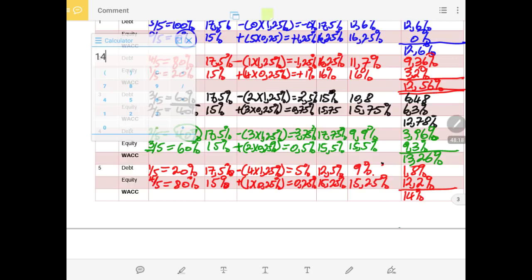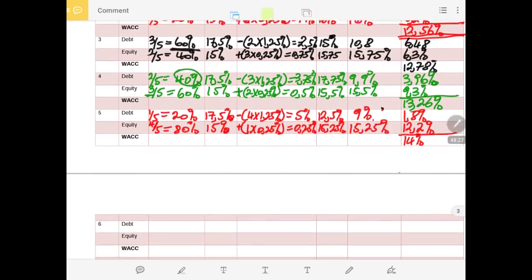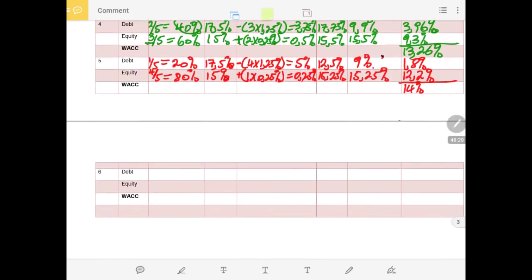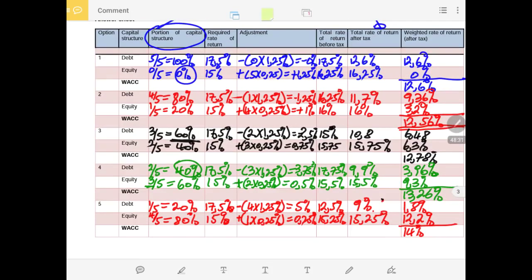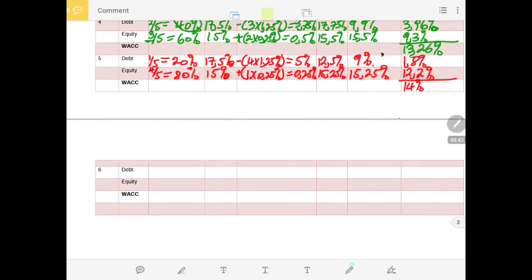The last option now is to take 0 debt and 100% equity. Last funding option is 0 debt and 100% equity. Remember, this is similar to the first option that we had in the beginning, where we had 100% of debt and 0 equity. So now we come to that last option.